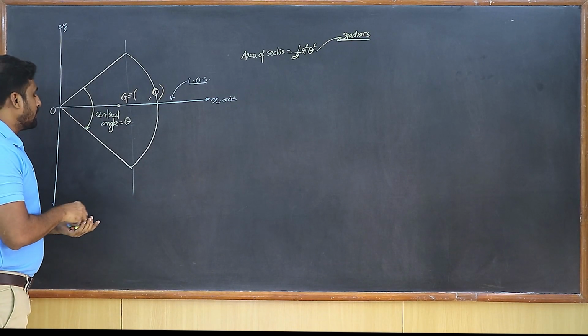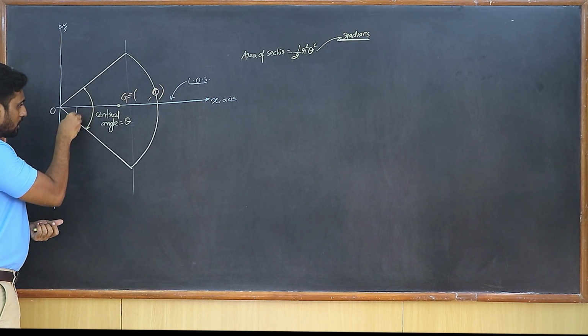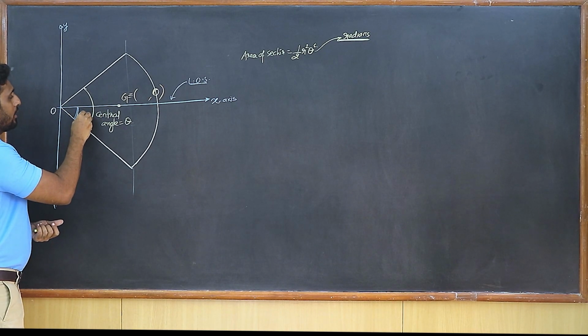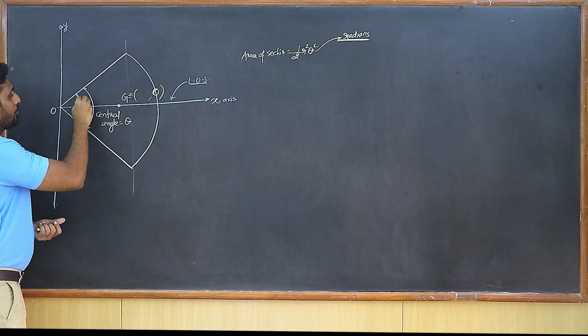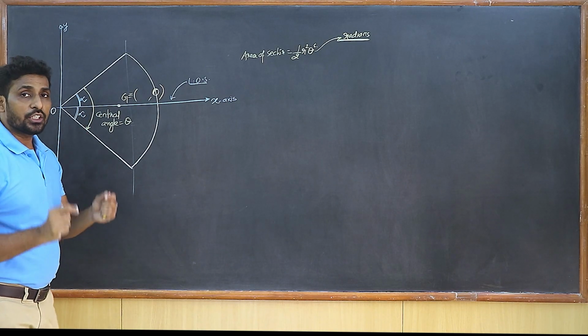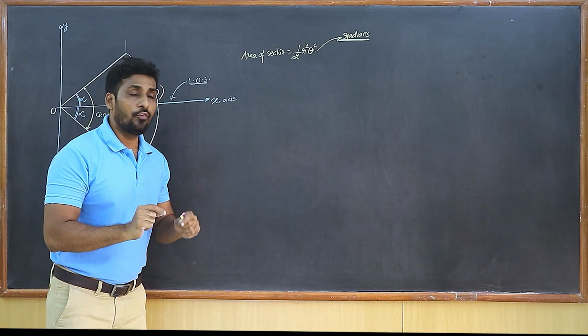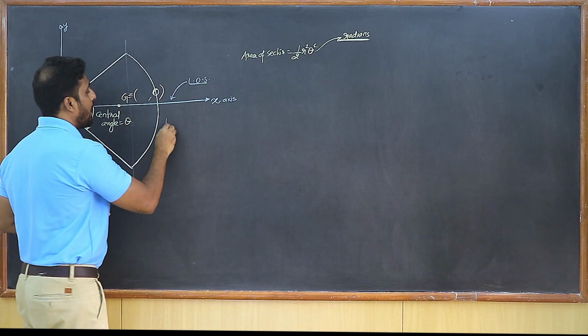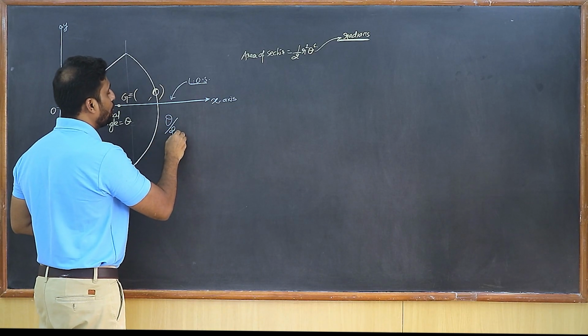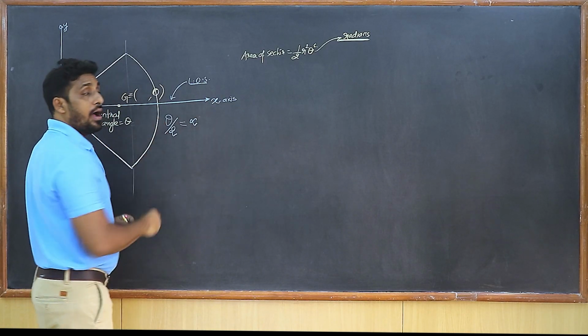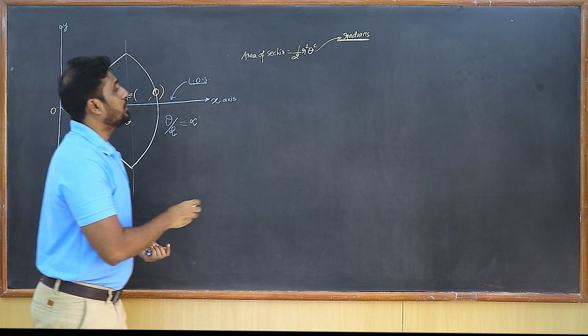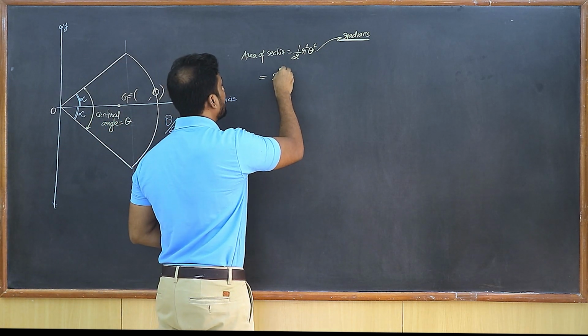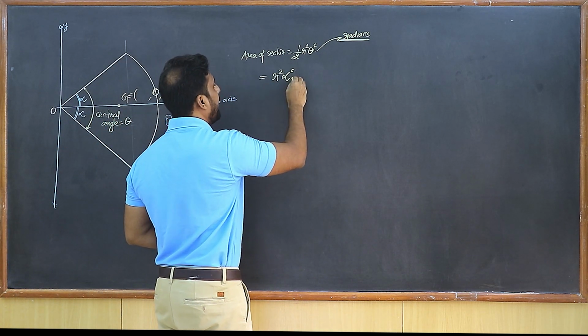Students, what I'm going to do here is, I'm going to take this semi-central angle as alpha. You can easily identify that theta upon 2 is nothing but alpha, isn't it? So the same area of sector can now be written as r square alpha, with alpha in radians.